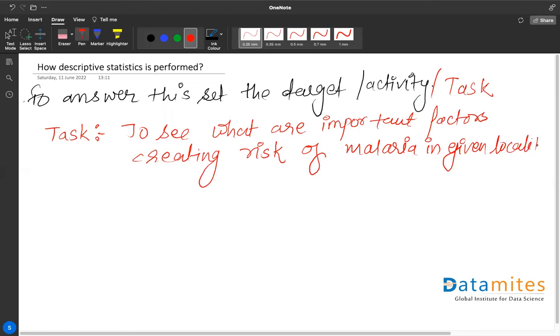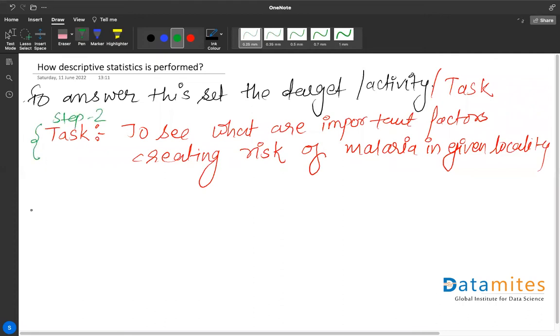I want to know what are the important factors and how many people are getting impacted by this particular malaria, or dengue, all this kind of diseases. So now my task is defined. This was step 1.